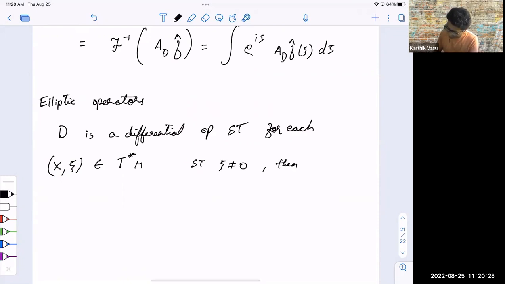Then we want the principal symbol of D at this point and this ξ to be invertible.